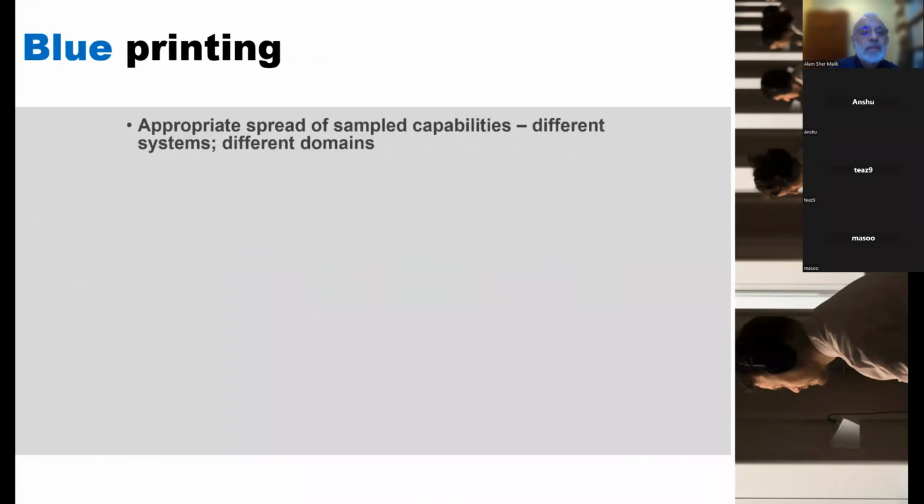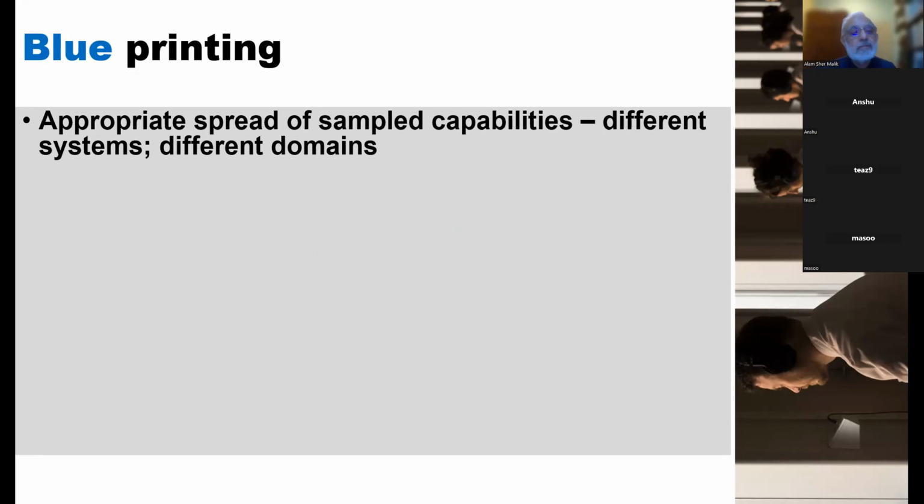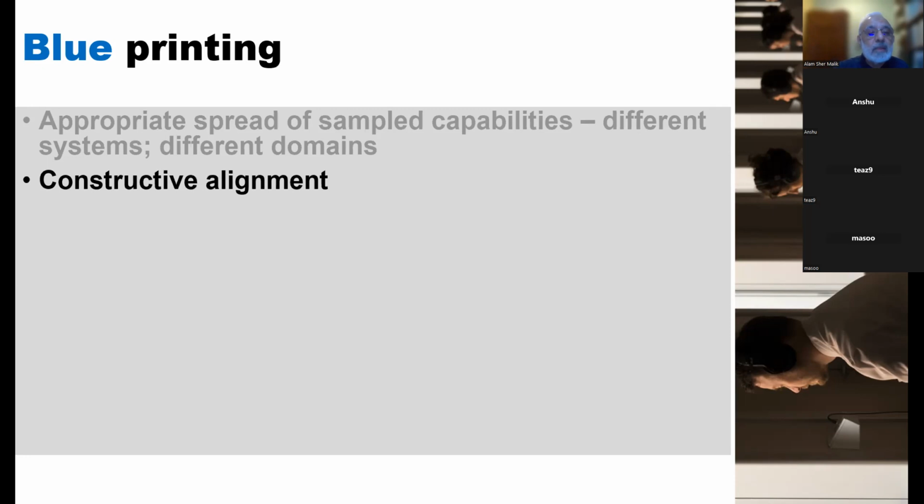So blueprinting is the requirement for that. The blueprinting means an appropriate spread of sampled capabilities which we are going to assess. It means we have to plan what are the capabilities we are going to assess in the OSCE. I'll give you the examples.